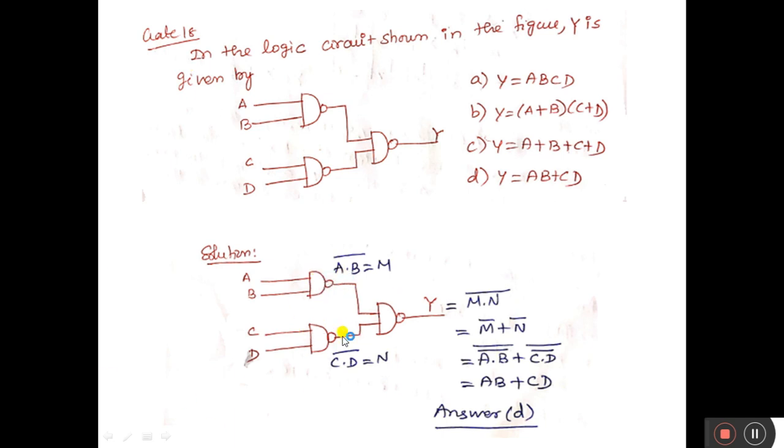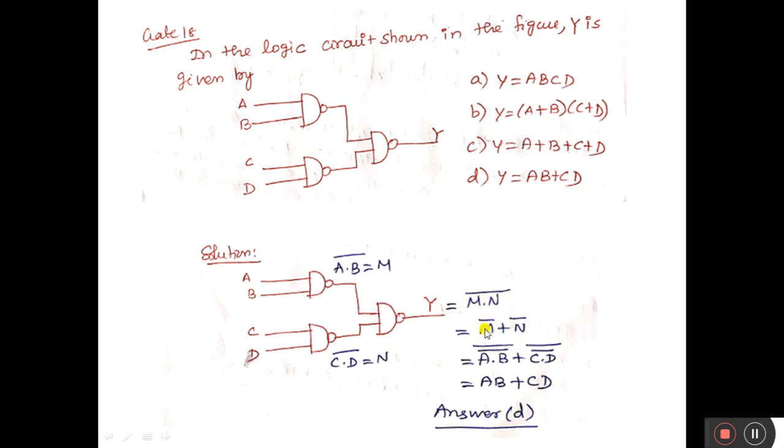All are NAND gates. The inputs are A, B, so the NAND gate output is AB whole bar. Similarly, for this NAND gate, the output is CD whole bar. For simplification, I take the first as M and this as N. So Y equals M dot N whole bar, which I can split as M bar plus N bar.